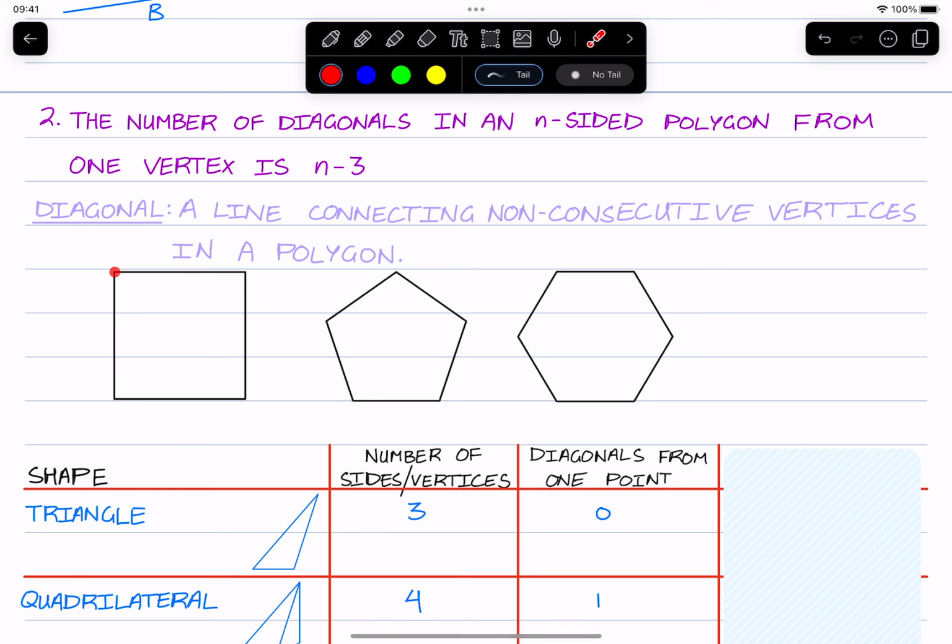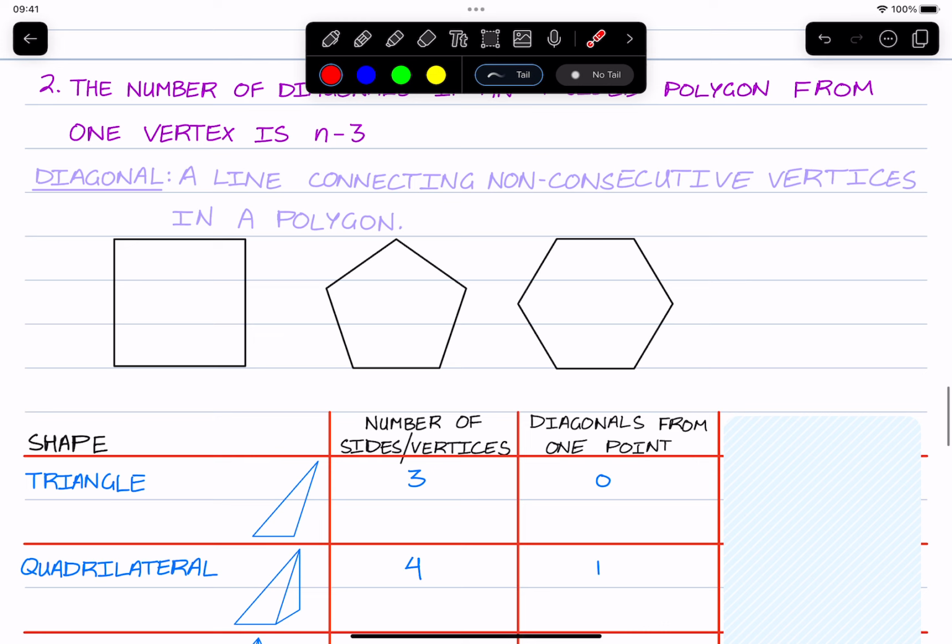For example, this is not a diagonal. The diagonal from this vertex is this diagonal here. Likewise, the diagonal from this one is this one. The diagonal from here is 1, 2.